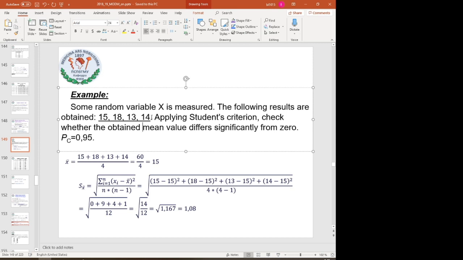Later we will study so-called paired criterions, or criterions for dependent samples, when those numbers can represent the differences between the value of some parameter before treatment and after treatment.